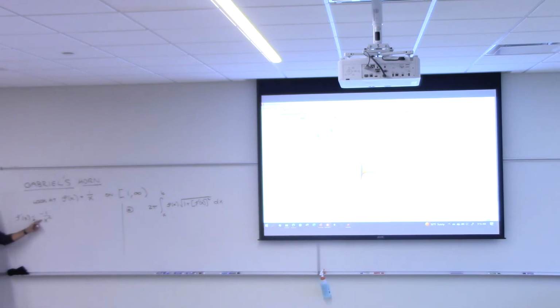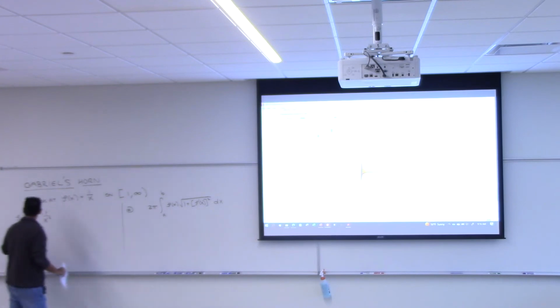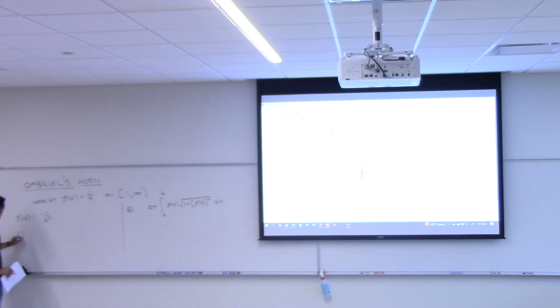Is that too much to ask? You all are good? That's a derivative. And then in the formula, I'm going to need to square it, right? So if I take that and I square it, it just becomes 1 over x to the 4th, right? And then I'm going to add 1 to it, right?